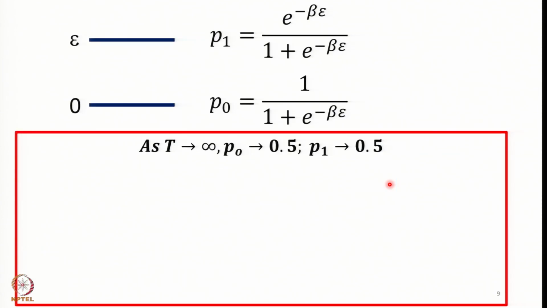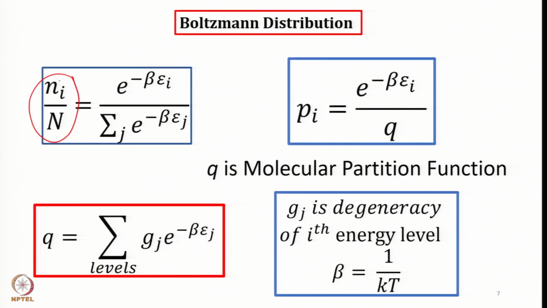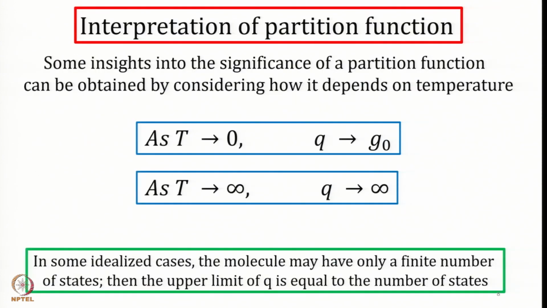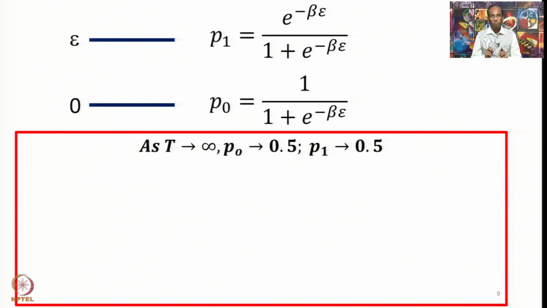Then, as discussed previously, this Ni upon N is equal to Pi, which is the population of the ith state, which is further equal to exponential minus beta ei divided by Q. So, once we have the population, we drew another very important conclusion.